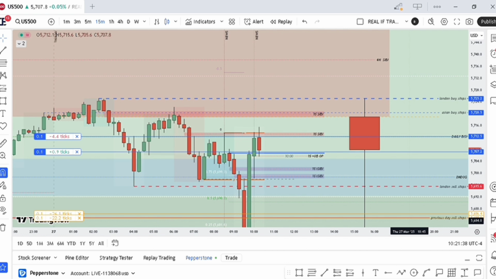That is to say, now I would want price to close above that 15-minute CB. Then if at all price comes back to the high of it or the consequent encroachment, I would want to see price get supported at those levels higher.